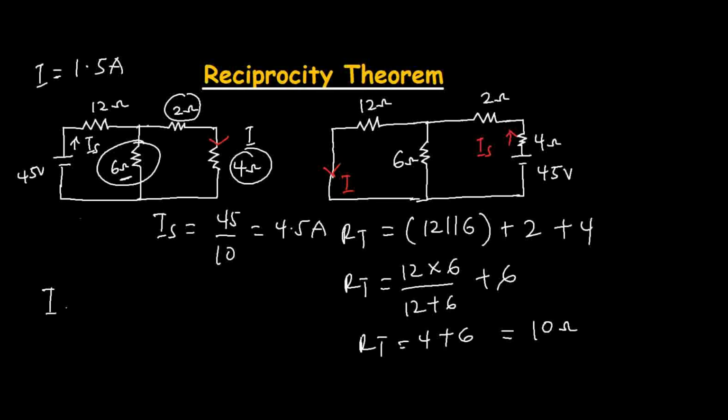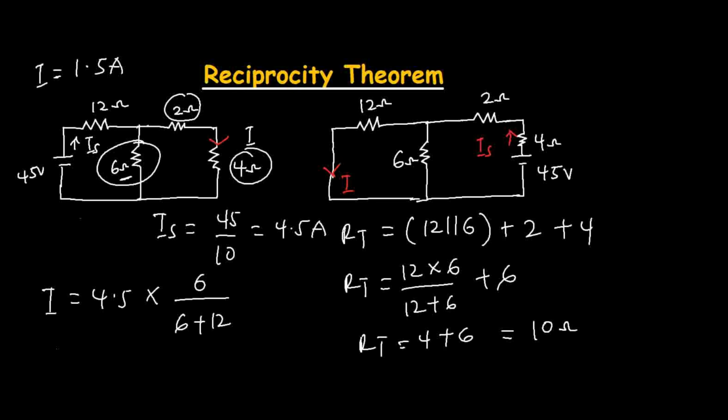So to do this, we have I to be equal to what? Since I is in this branch here, we are going to multiply the total current, which is 4.5, times this 6 ohms resistor, divided by 6 plus 12, which is this 12 ohms here.